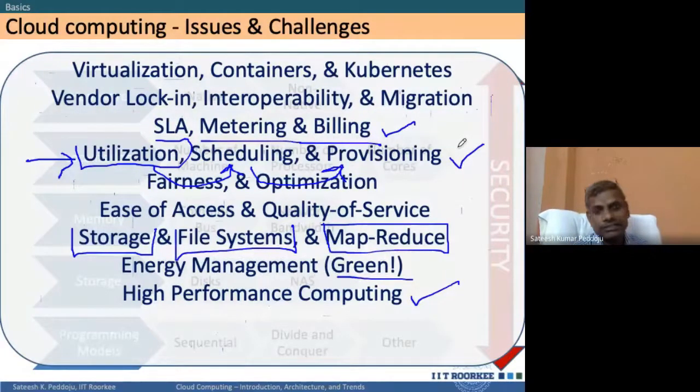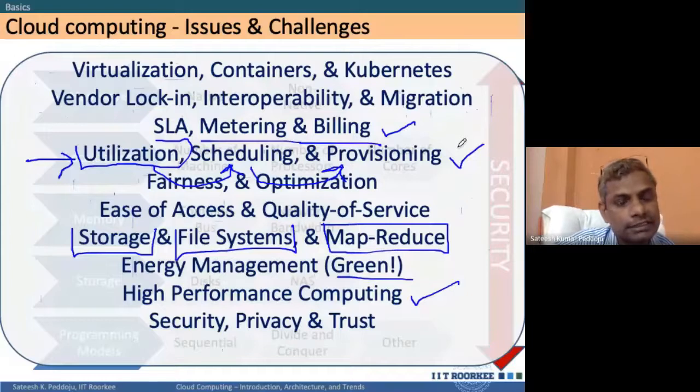But these days, most cloud systems are designed for data intensive applications, because data is growing abnormally, and you need approaches which quickly process this data and produce the results. So cloud computing systems are evolving in two aspects: data intensive cloud computing systems and compute intensive cloud computing systems. And in our lab, we are working on both.